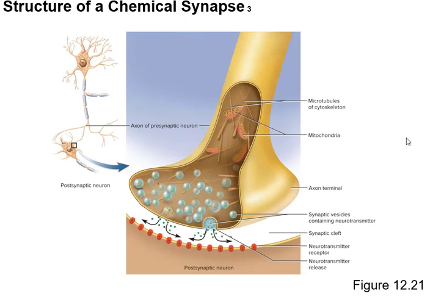So you saw it in words, and now we're going to see it again in a little picture form. You're going to need a lot of ATP energy, so you've got lots and lots of mitochondria. You have the microtubules of the cytoskeleton, so it's pushing things around inside of there. And then there's the vesicles full of neurotransmitter.